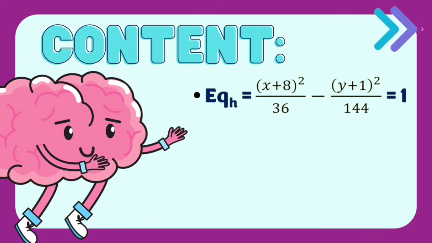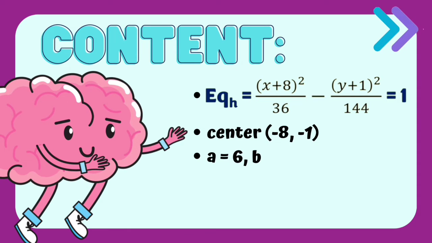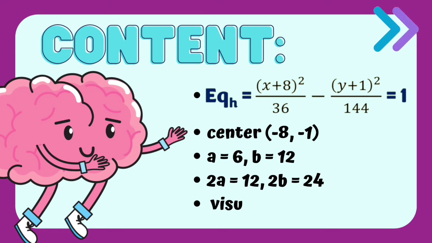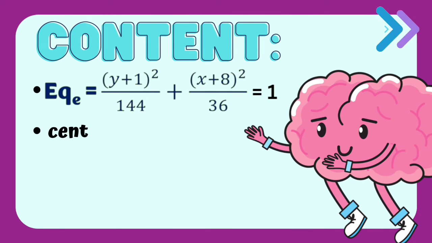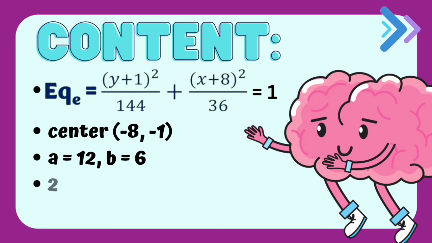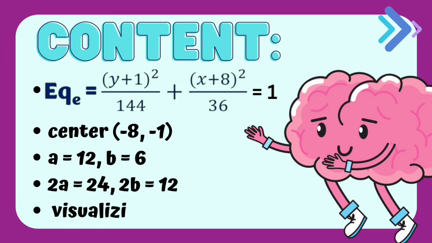To summarize, first we wrote the standard equation of the given conic, then we identified the center and values of a and b. Thirdly, we identified the length of the transverse and conjugate axis. After that, we visualized our graph. Following this, we determined the relationships of the hyperbolas, transverse and conjugate axis to the ellipse's minor and major axis. Lastly, we constructed the standard equation of the ellipse.